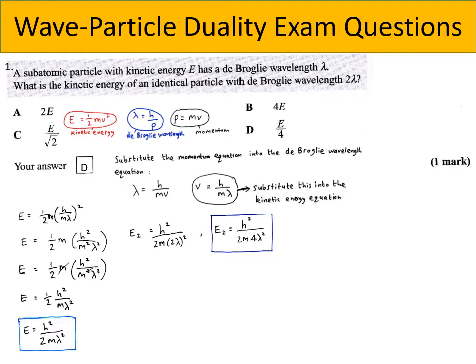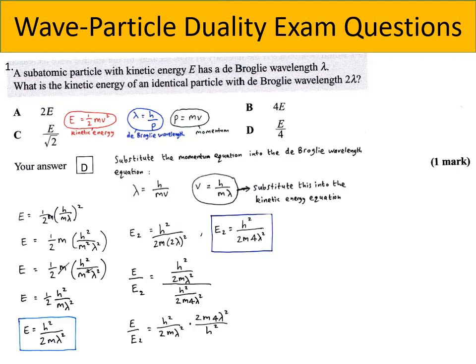Okay, so we have an equation for the original energy, and then we've got a new equation for the energy when the wavelength is doubled. So if we take the ratios of the two, or we divide E by E2, we get an expression on the right hand side as shown here: h squared divided by 2m lambda squared, all divided by h squared divided by 2m times 4 lambda squared.